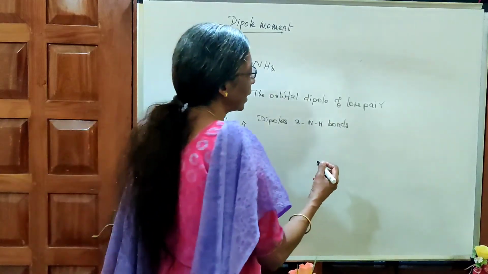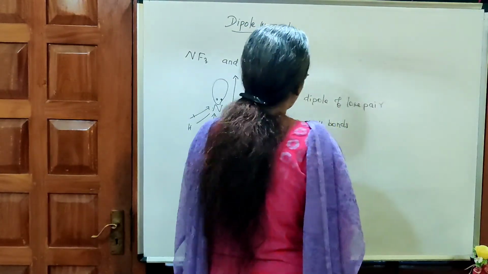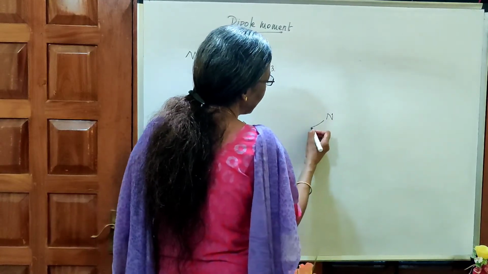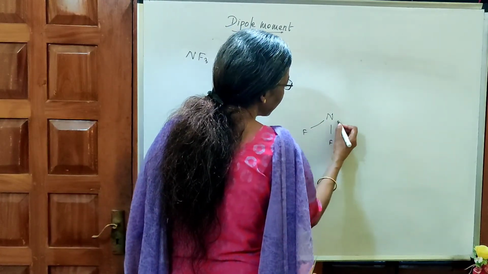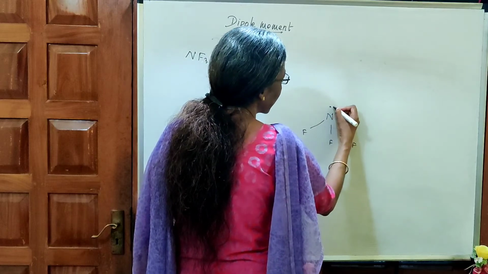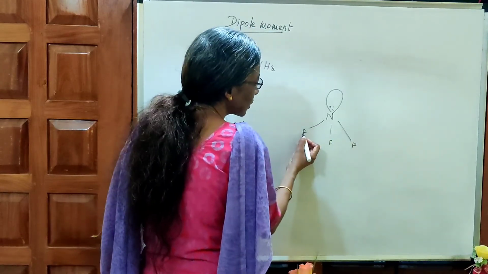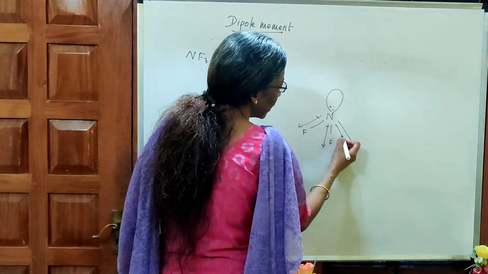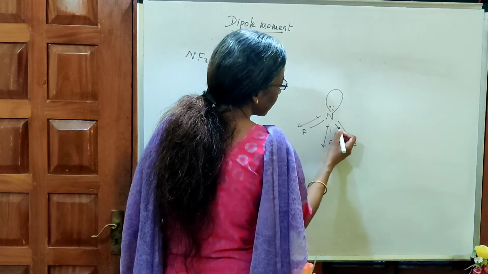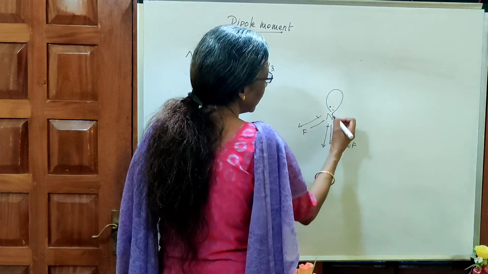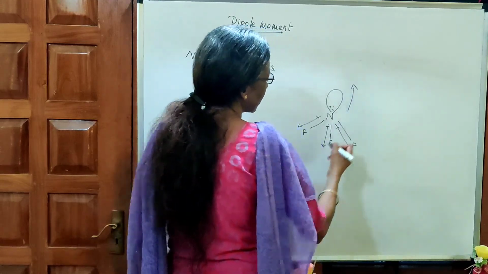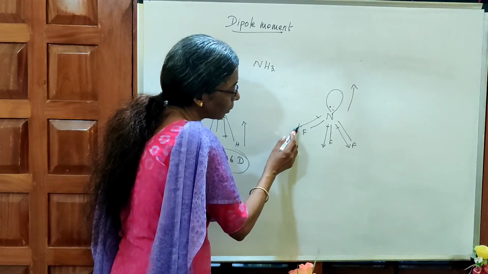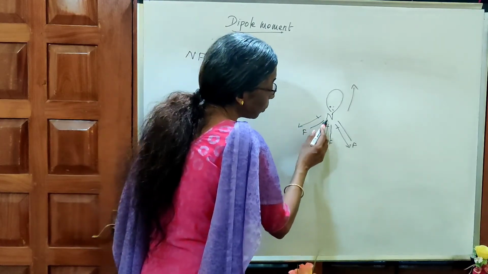But now you see here in NF3, what is happening? NF3, N, F, F, F. Here is the lone pair. If you observe the molecule, you can see the bond dipoles of the NF bonds.